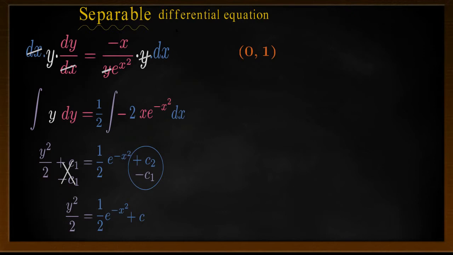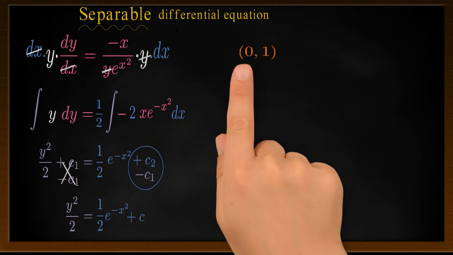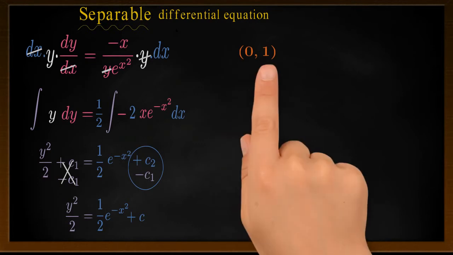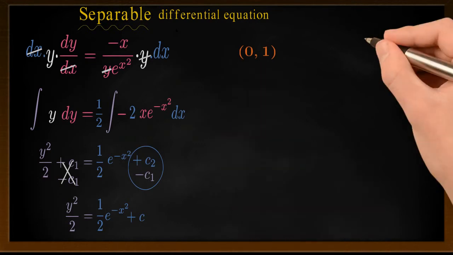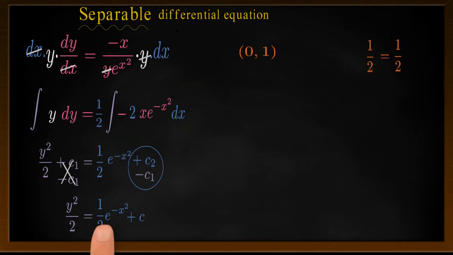We haven't explicitly solved for y yet, but even in this form, we can now find a particular solution using this initial condition. It tells us when x is 0, y needs to be equal to 1. So we would have 1 squared, which is just 1, over 2 is equal to 1/2 e to the negative 0 squared. Well, e to the 0 is just 1. So it's going to be 1/2 plus c.